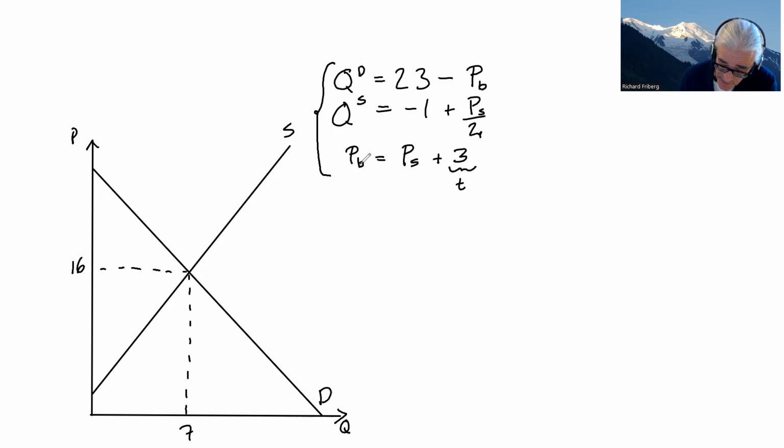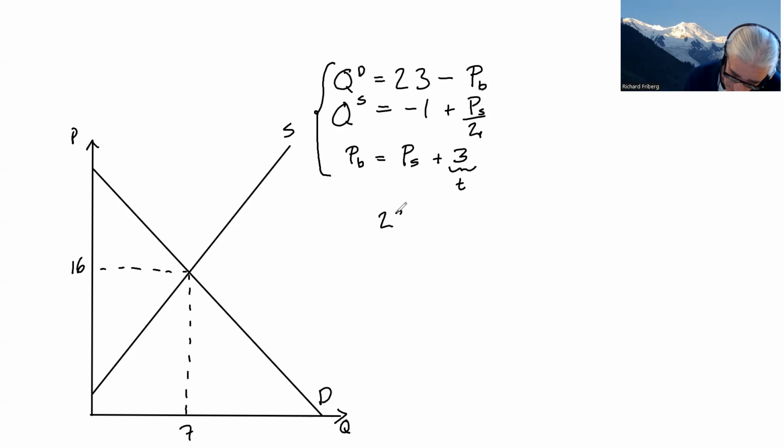We know the relation between the price that buyers pay and the price that sellers get is equal to this. So we can use that in the demand equation, for instance, and know that also in this case, after the tax has been paid, supply has to equal demand.